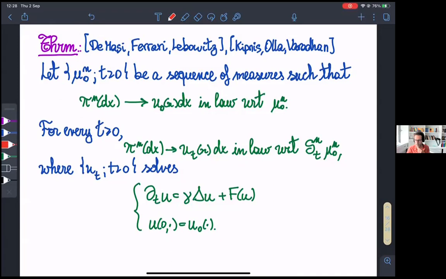Exactly, and this is exactly what we do for this model. Instead, if you want to study hydrodynamics, maybe you want to follow the hydrodynamic limit and put some kind of Bernoulli. Okay, I see. Exactly. Okay, thanks.